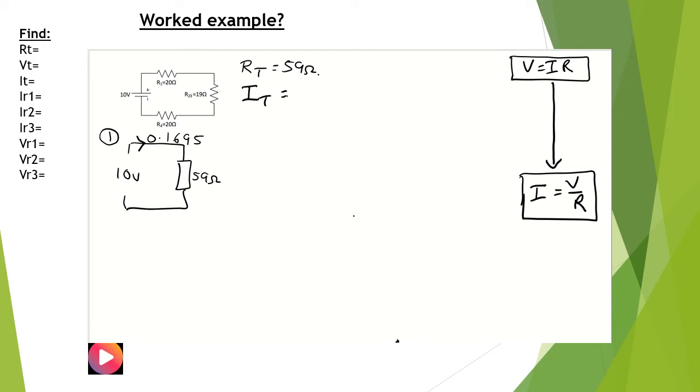IT equals 0.1695 amps. Right, let's now try to work out what VR1, VR2 and VR3 are.